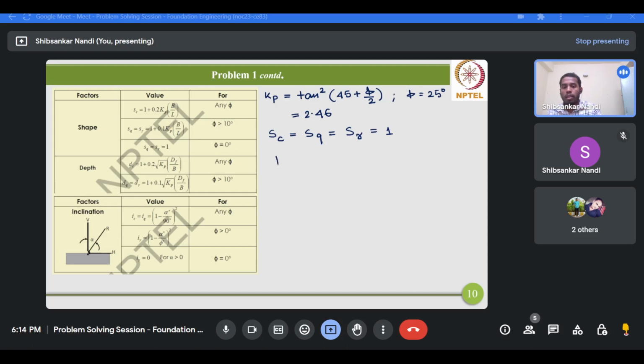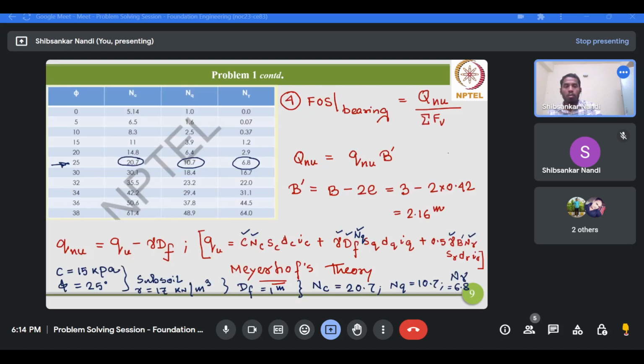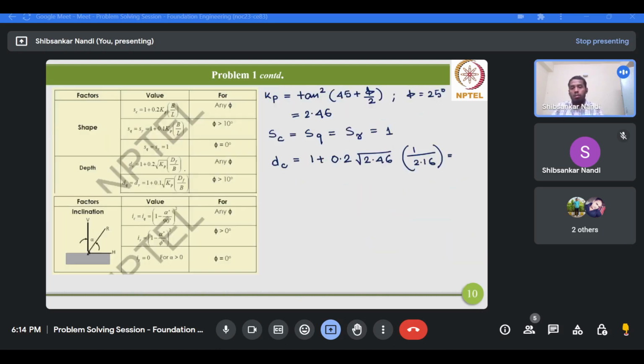Now coming to Dc, this will be 1 plus 0.2, Kp is 2.46, Df is 1, and B prime is 2.16.